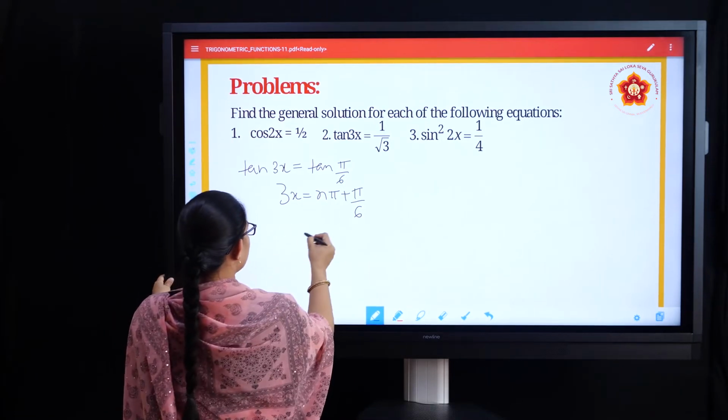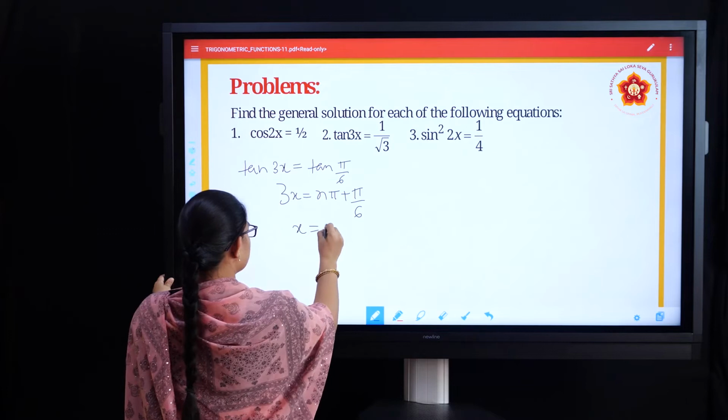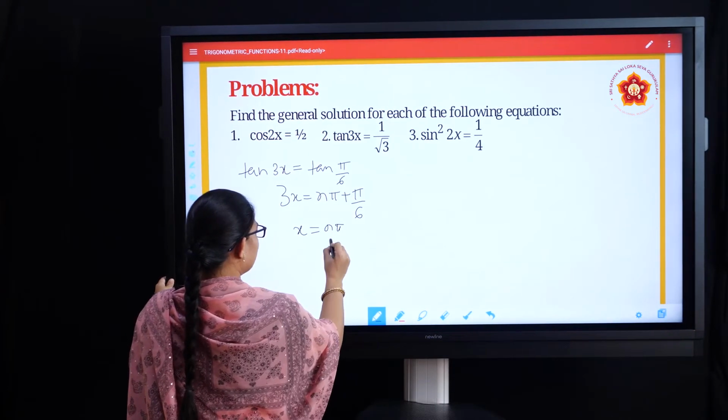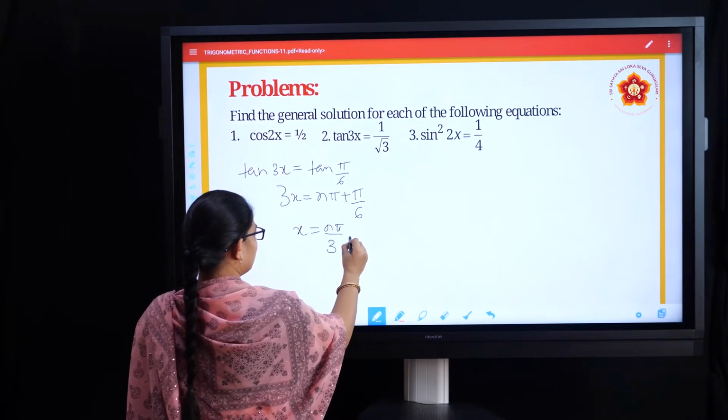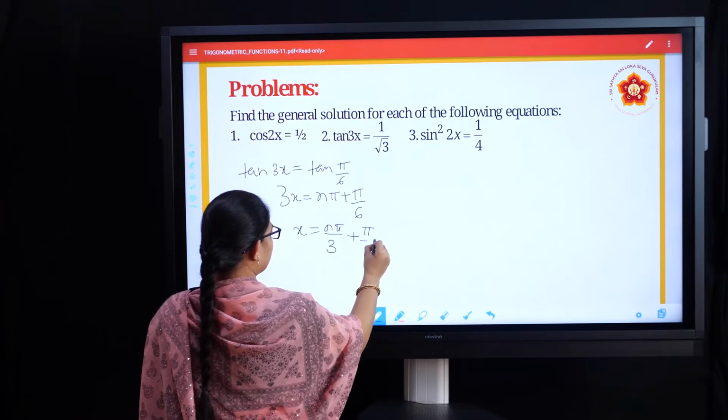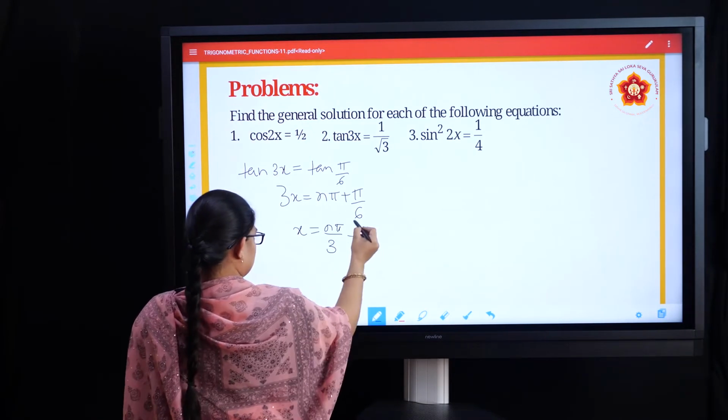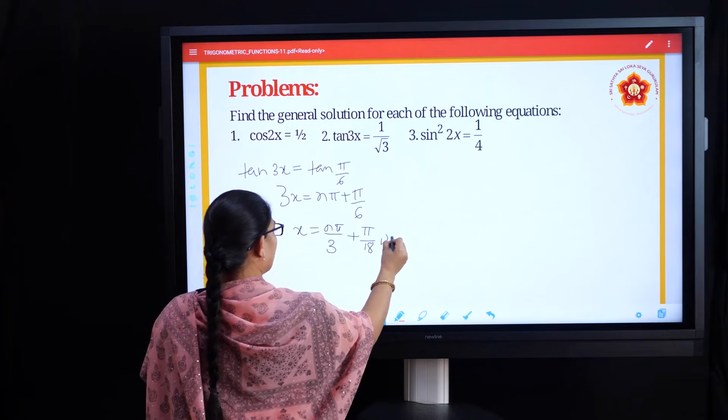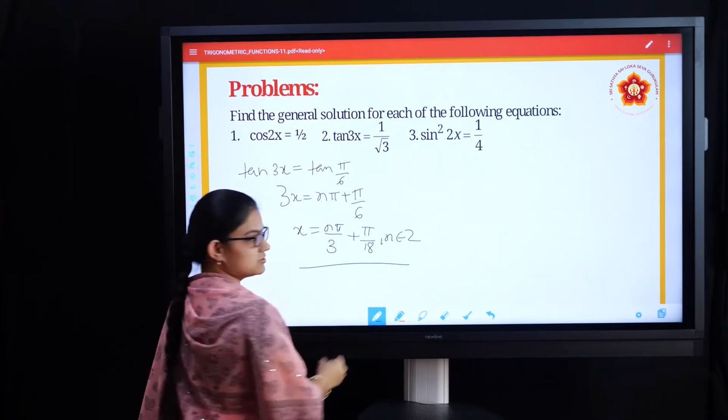So we need x, so x is equal to n pi by 3 plus pi by 6 into 3, 18, for n belongs to Z.